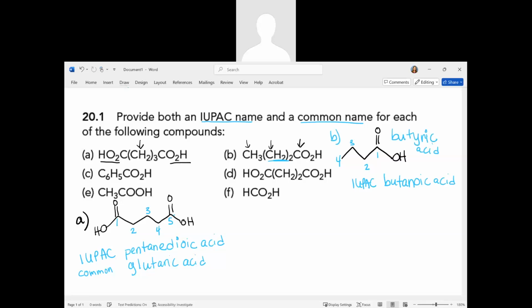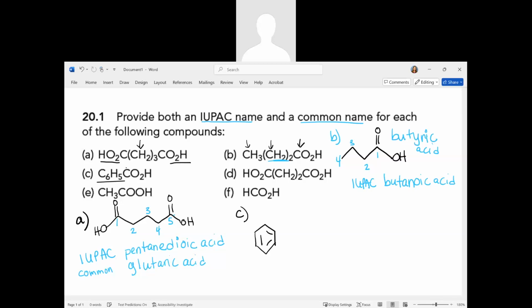Let's take a look now and see if we can fit compound C over here. So for C, now we have a carboxylic acid group that will be attached to a ring. We see the C6H5 notation over here, and that should make us think of a benzene ring.